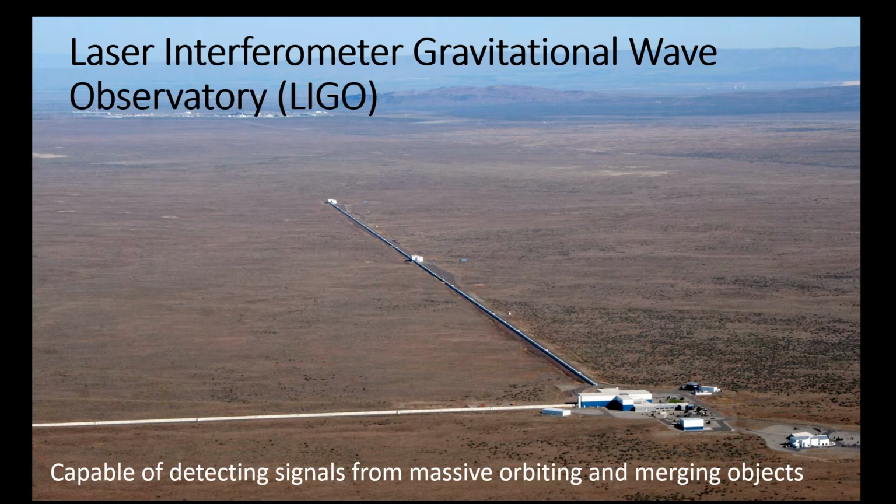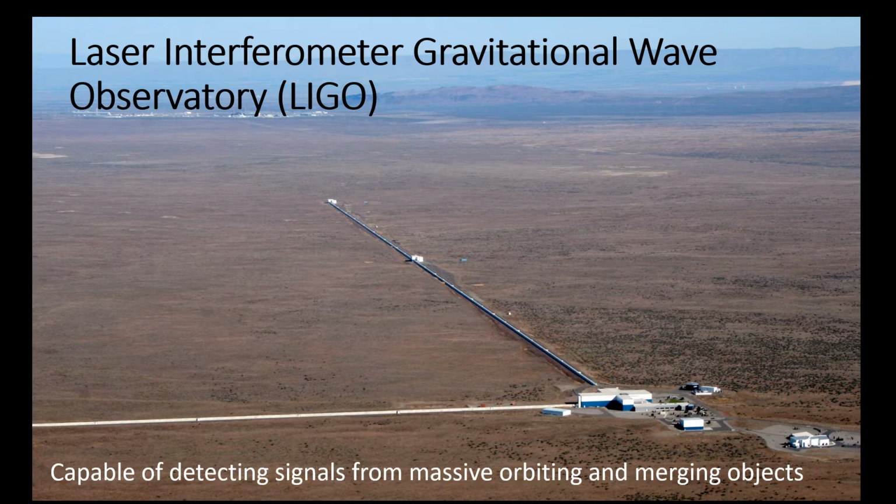But I just want to show you what the system looks like here at a 90-degree angle and mention that the way our systems work with the current technology is that they're capable of detecting signals from more massive objects and really large explosions. And primarily what we get are detections from orbiting and merging objects.